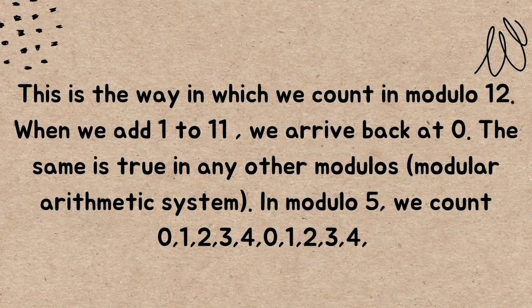This is the way in which we count in modulo 12. When we add 1 to 11, we arrive back at 0. The same is true in any other modulus or modular arithmetic system. In modulo 5, we count 0, 1, 2, 3, 4, 0, 1, 2, 3, 4.